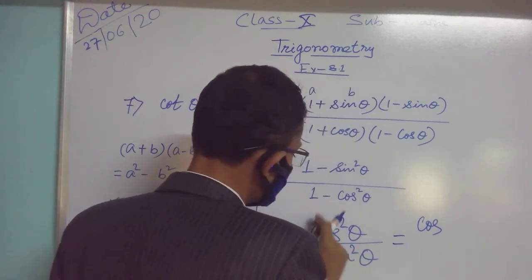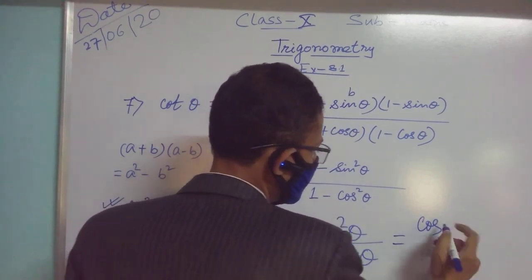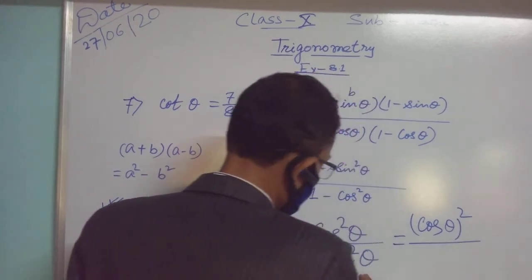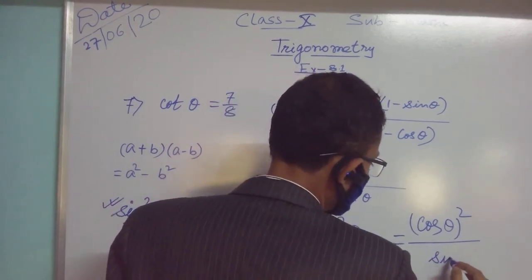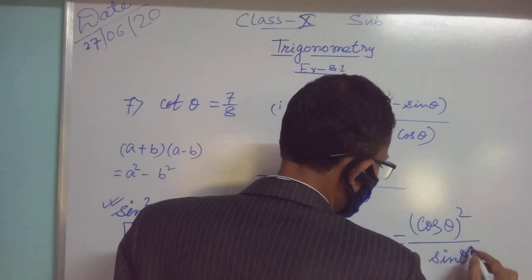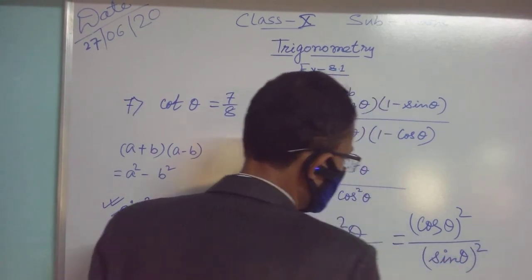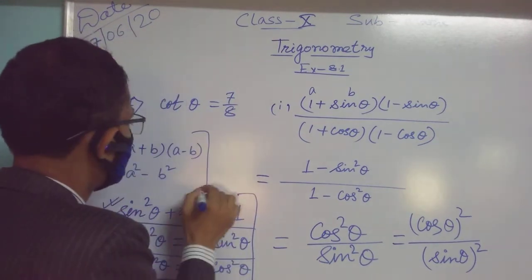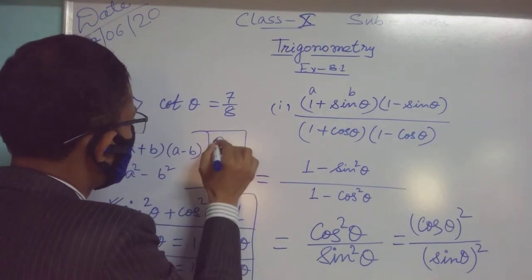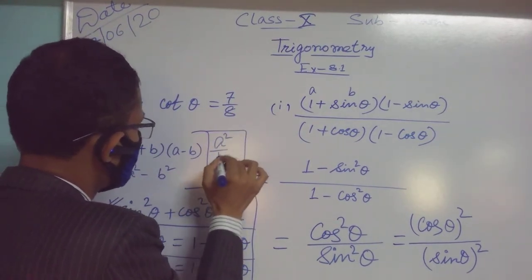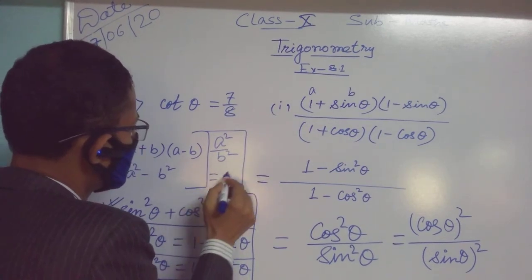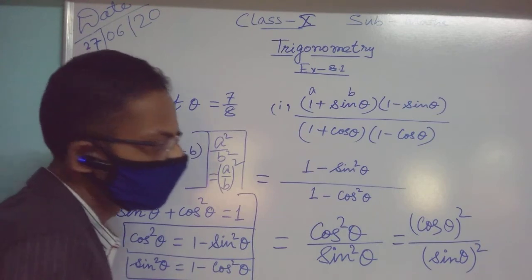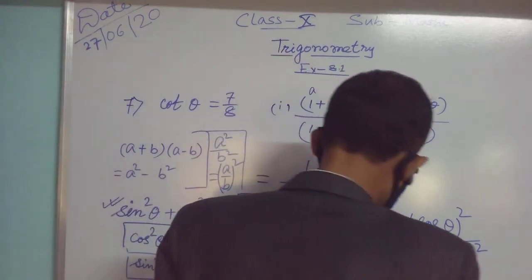This cos square theta is cos theta whole square. Sin square theta means sin theta whole square. This is like a square by b square, which can be written as a by b whole square. That we will do here.